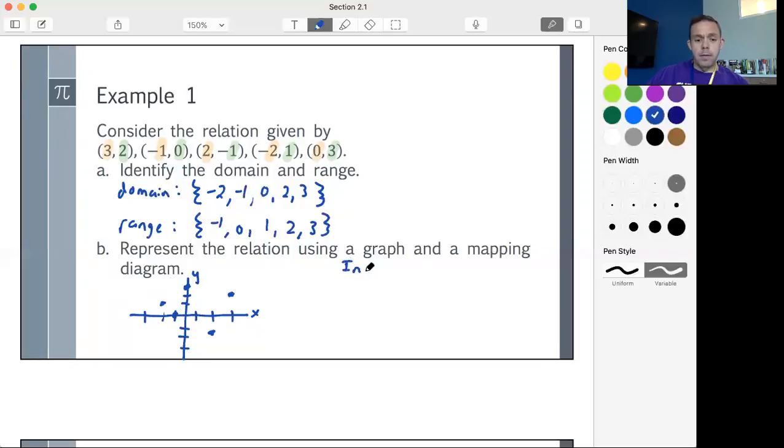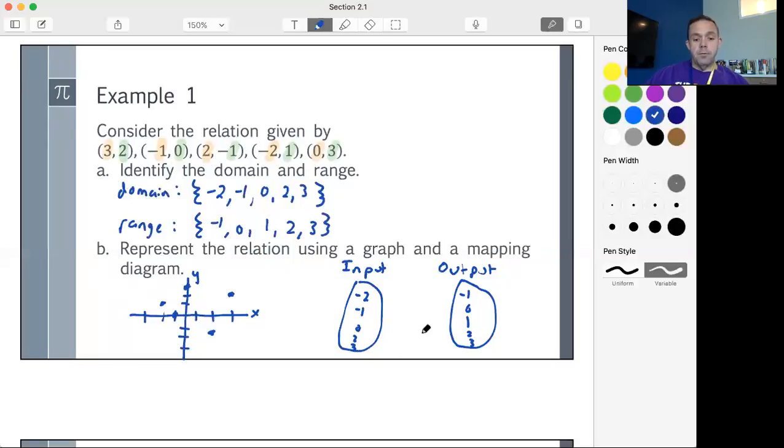Another way we can do that is by doing the input and output graph, and that's also referred to as the mapping diagram. So I have my two ovals, one for my inputs and one for my outputs. And then my inputs, I put my domain values: -2, -1, 0, 2, and 3. And then my outputs, I put my range: -1, 0, 1, 2, and 3.